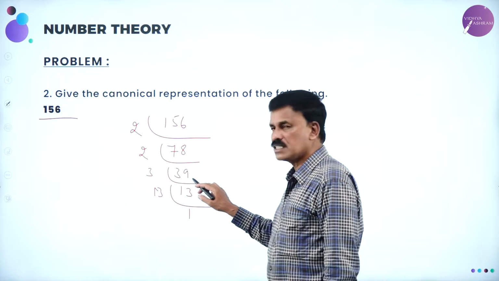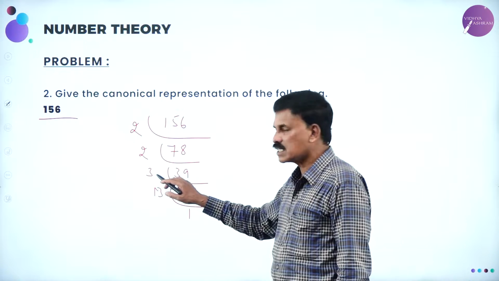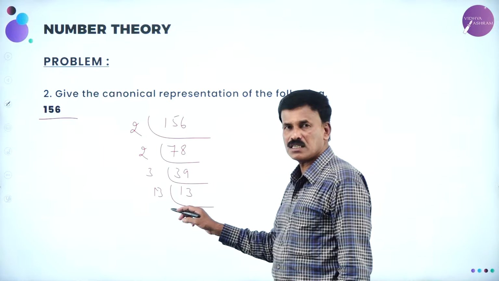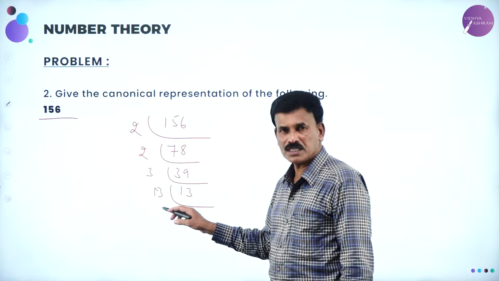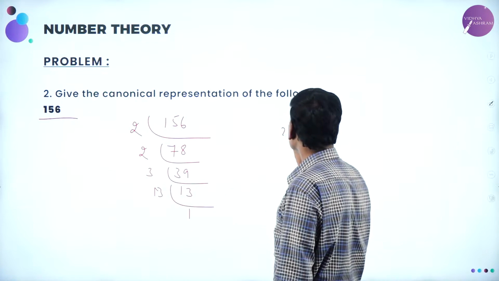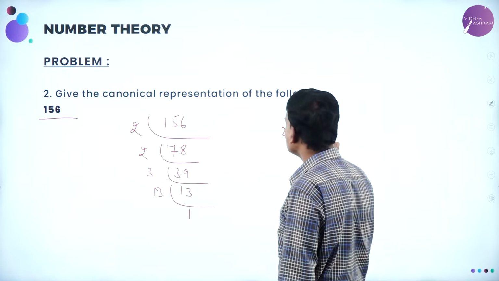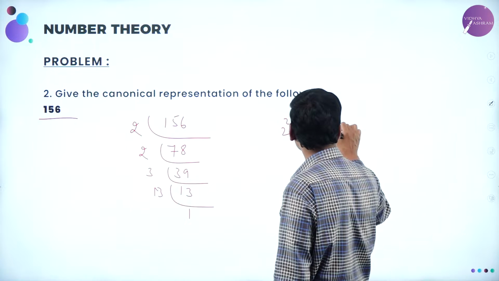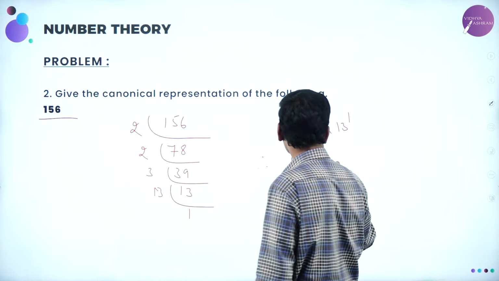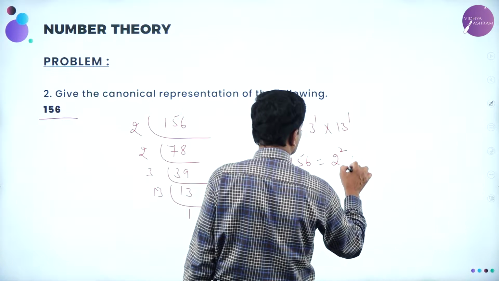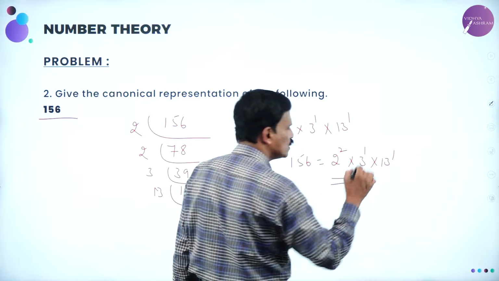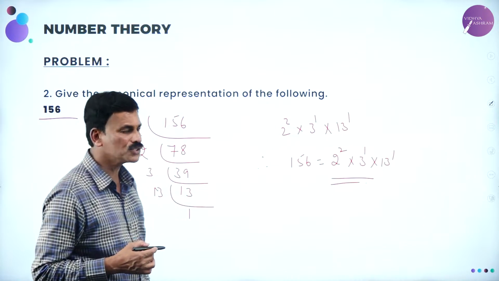So 2 9s are 18, again we can't divide by 2, let us take 3, 3 1s are 3, 3 9s are 9, again 13 you can't divide by any other number, so this is 13 ones are 13. Therefore 156 can be written as 2 to the power of 2 into 3 to the power of 1 into 13 to the power of 1. This is the canonical representation of this number.